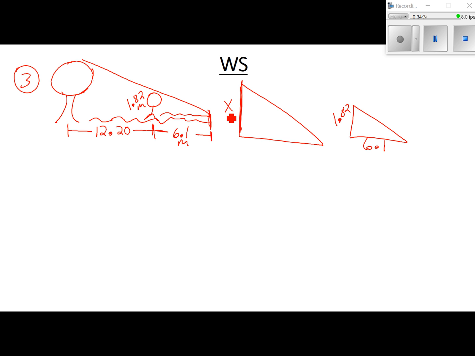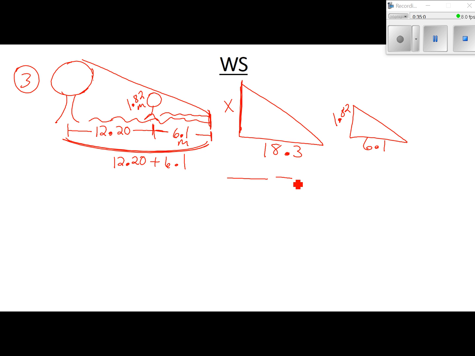That's X. And then we need this whole distance, the tree's whole shadow here. So we got to take that 12.20 and add on the 6.1. And that comes out to be 18.3. So the length of the whole tree shadow is 18.3.